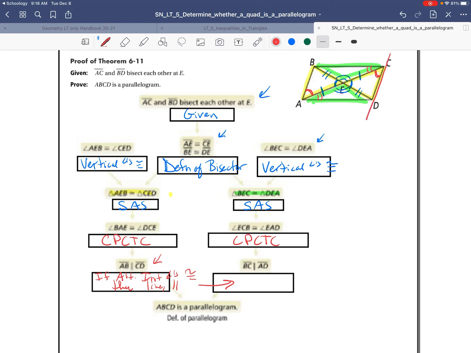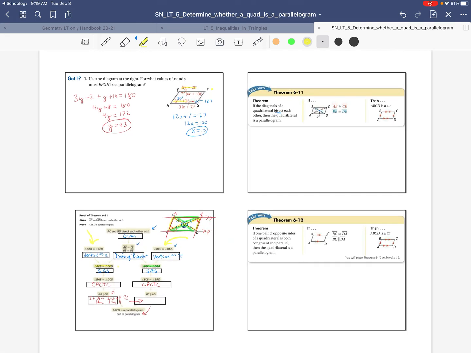Now that we've established opposite sides parallel, we can say that it's a parallelogram based on definition of parallelogram. So I kind of like this proof because you can see that you've got two different things going on that all relate to get the opposite sides of the parallelogram parallel.